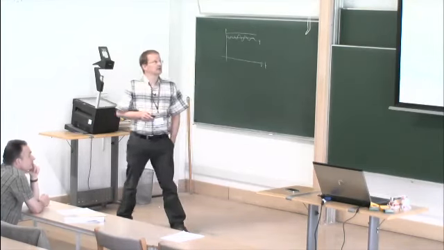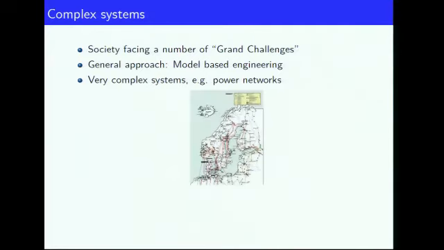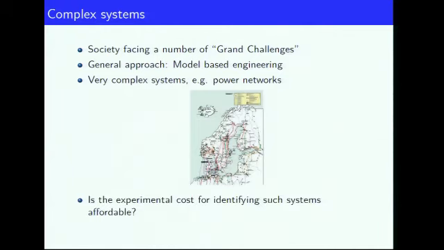But many of these systems are very complex. So here is just a graph of the Nordic power grid, all the power lines, and this system consists of hundreds of thousands of states. It's enormously complex. And we need a model for this. But then the question is the experimental cost for obtaining a model of this complex system to within an accuracy that is meaningful.